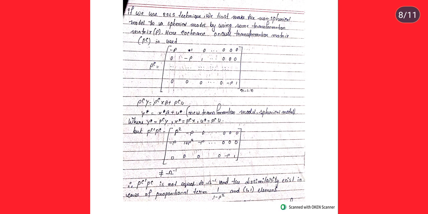So it is not equal to omega inverse, that is rho c prime rho c is not equal to rho inverse, and the dissimilarity exists in the proportional term 1 by 1 minus rho square and the 1 elements.